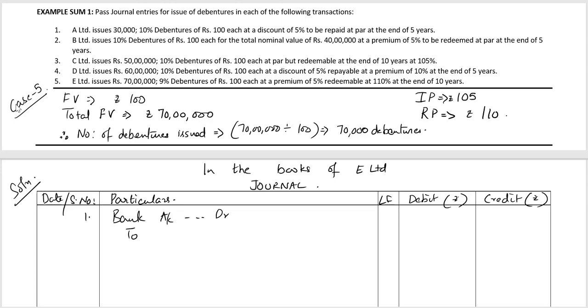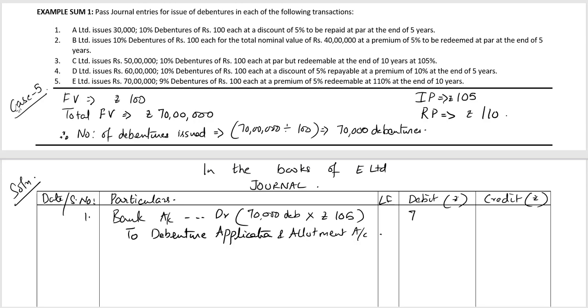Bank account debit to debenture application and allotment account. The amount of application and allotment money received is 70,000 debentures multiplied by the issue price of 105 per debenture, comes up to 73,50,000 rupees.